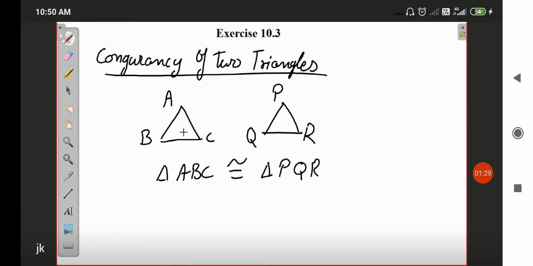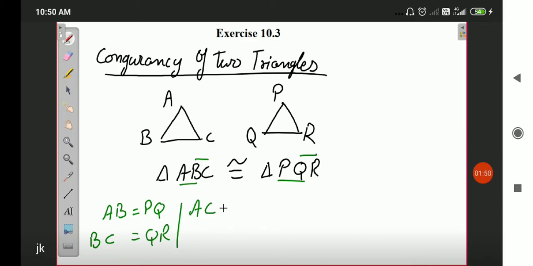If these two triangles are said to be congruent, then their corresponding sides are equal. That means AB length and PQ length are equal, BC length and QR length are equal, and lastly, AC and PR are also equal.